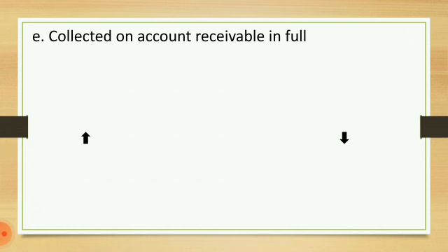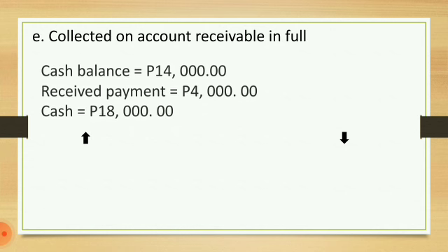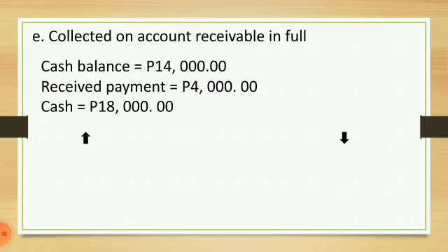Another transaction: collected on account receivable in full. This is related to the previous transaction when you rendered your service and your customer hasn't paid you any cash yet, so you have an accounts receivable. Let us say you have collected the full amount of the accounts receivable.